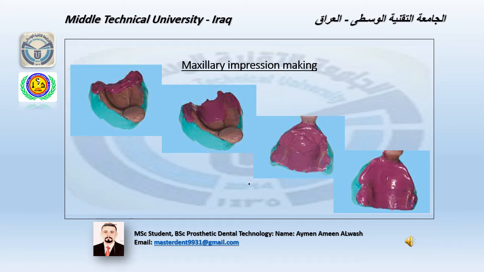After that, apply medium body of vinyl polysiloxane impression material on the outer surface of the special tray and insert it inside the patient's mouth and ask the patient to speak a labial sound to record the action or morphology of the palate during pronunciation.